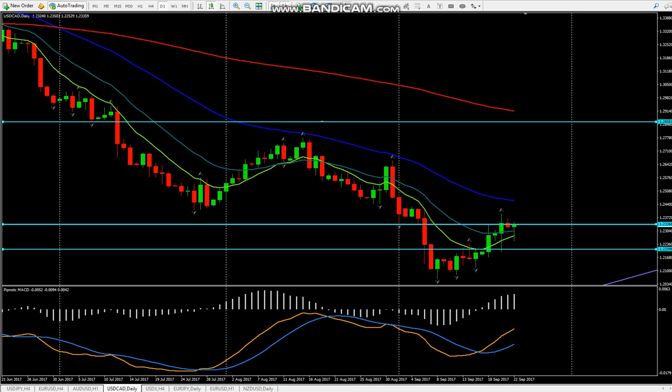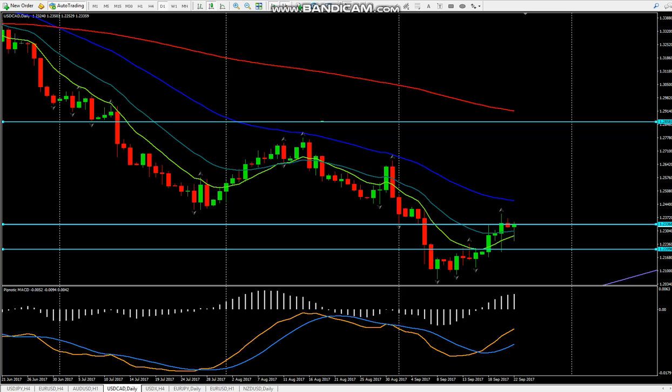You can see the red line here, EMA 200, and the price is below that EMA 200. The first thing I would do is look at the chart and ask, what am I going to do with this pair? By looking at that chart, I can see that this pair is in a downtrend.